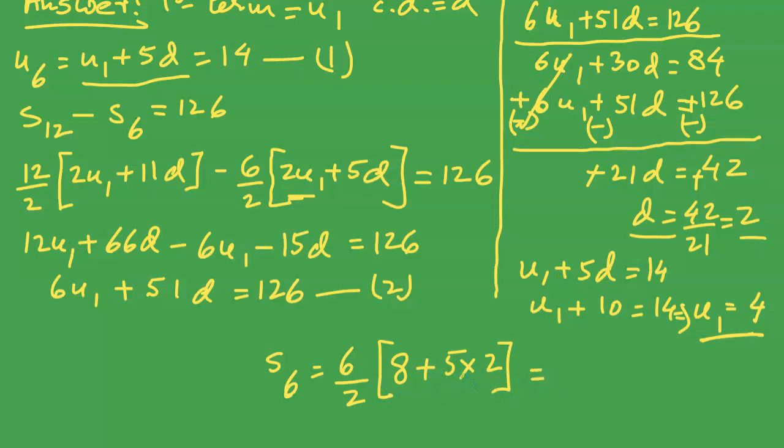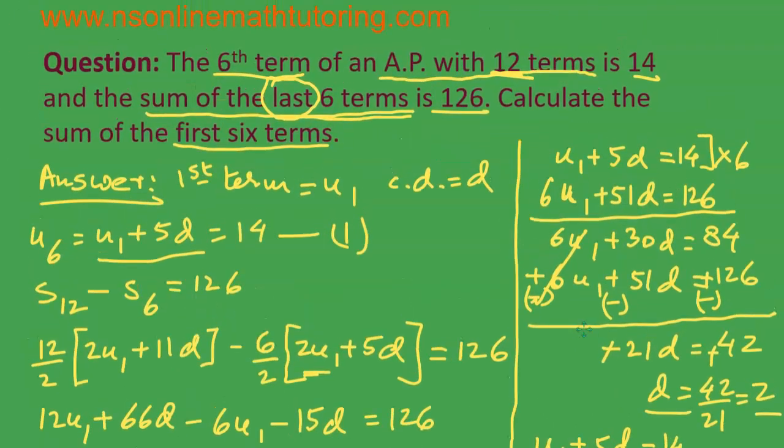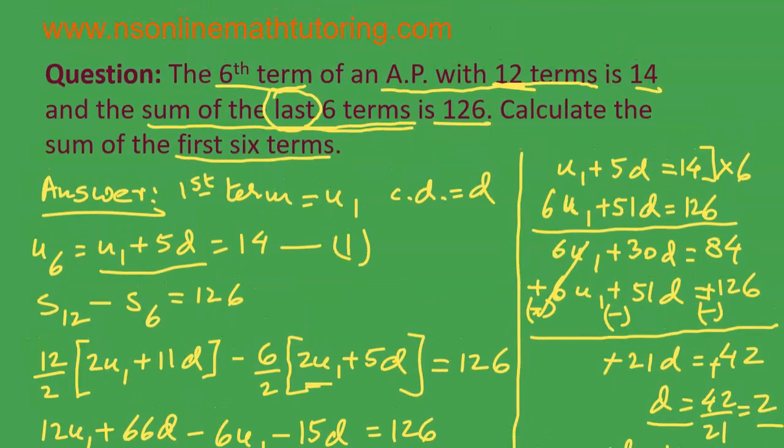So this is equal to 6 over 2, which is 3, times (5 times 2, which is 10, plus 8, which is 18). So this is equal to 54. Therefore, the summation of the first 6 terms is equal to 54. Okay, so let us write the answer. The answer for this is 54. This is the answer for this question.